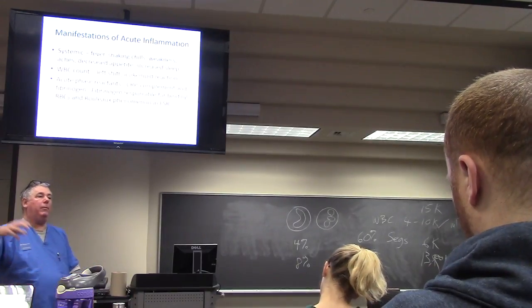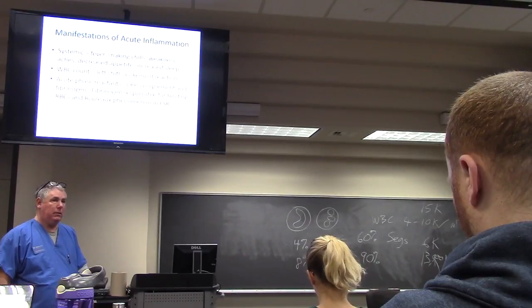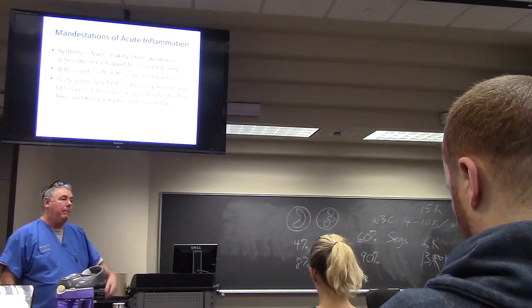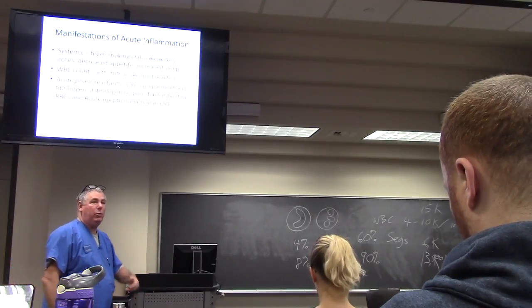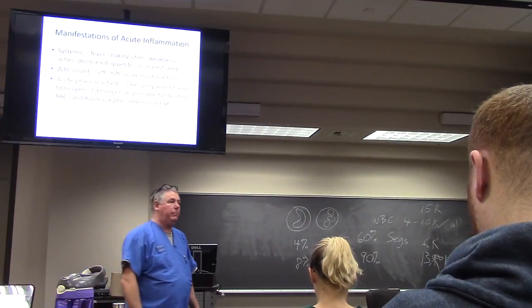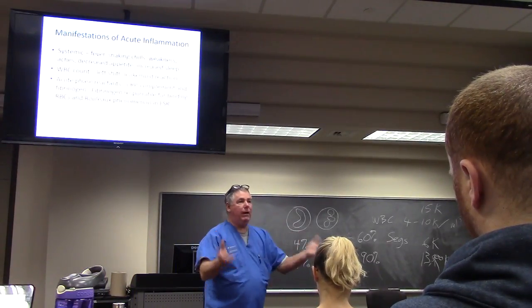An increase in the number of lymphocytes is called a right shift. So a left shift indicates bacterial infection or inflammation or trauma or something like that. A right shift, typically, generally means a viral infection.